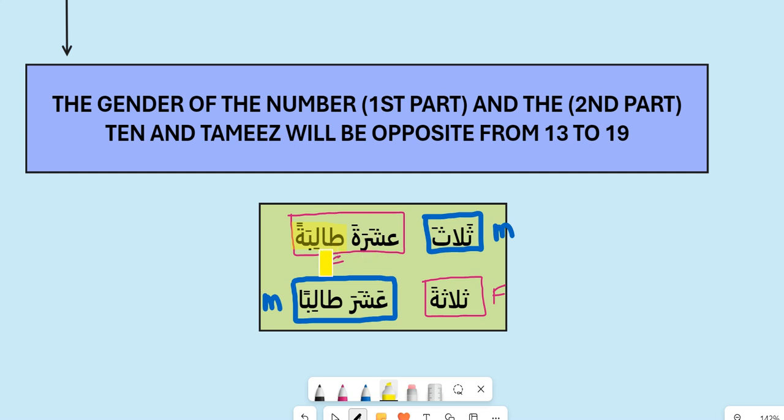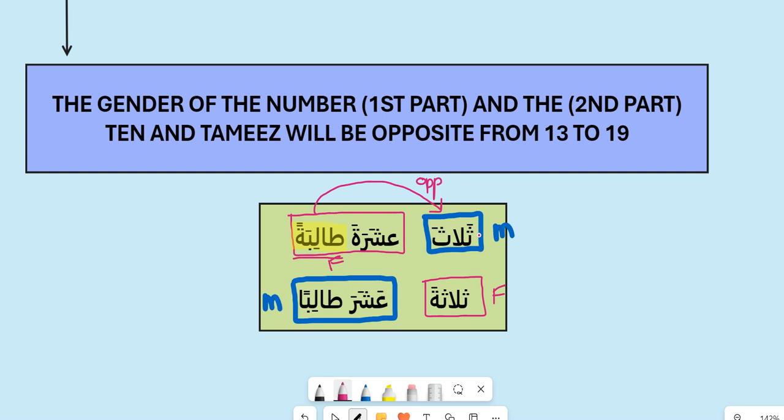If it's a female, the gender will be opposite. The gender of the number will be opposite. So before jumping to write the gender of the number, always first of all check the tamiz. If it's feminine, the gender of the number will be opposite. It will be male.